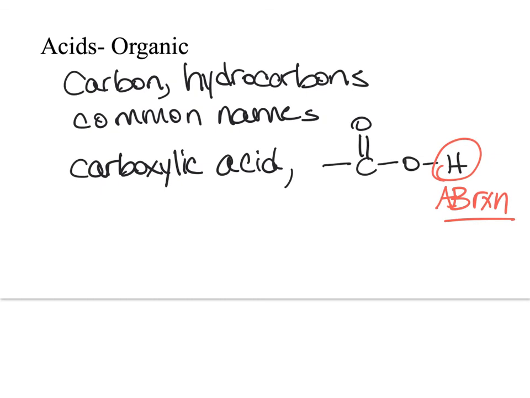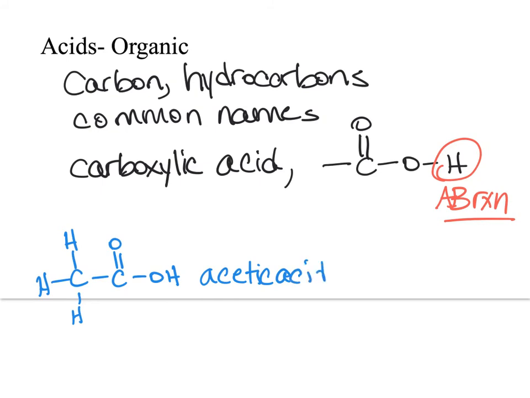The 2 most common organic acids, I'll just draw the structural formula here. This is acetic acid. And it's the major component in what we know as vinegar. The second most common one is this one. It has one less carbon, and it's called formic acid.